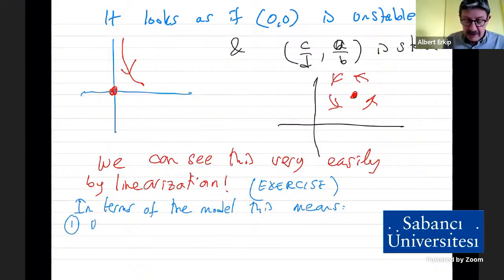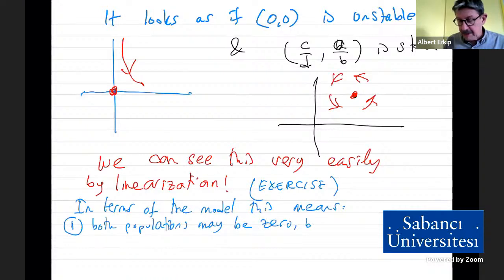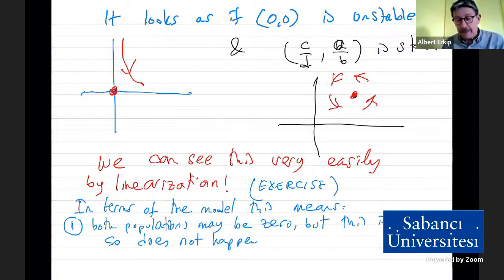One, at 0, 0, both populations may decrease to 0, but this is unstable, so it does not happen. Because one population may die, but the other one will not die. Only one population may die.